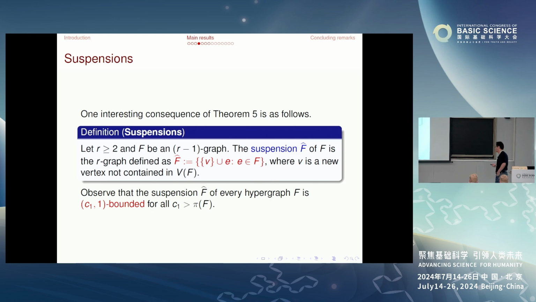These are called substitutions of F. It's easy to see that such a graph is bounded.